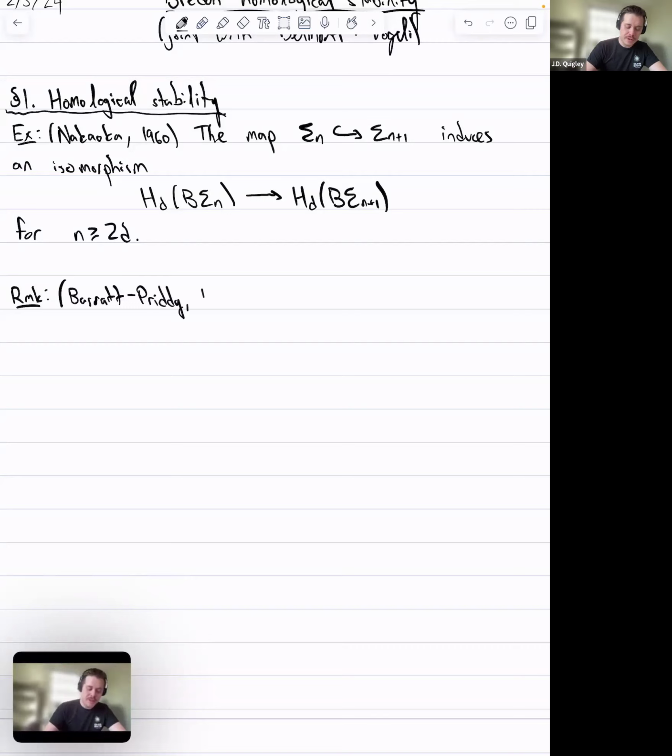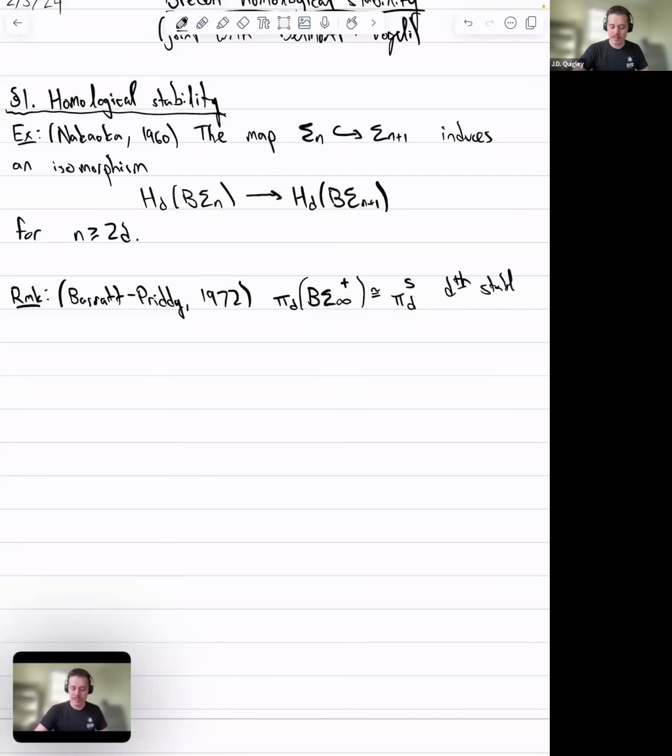So back in 1972, Barratt and Priddy showed that if you take the colimit of these classifying spaces, perform a plus construction, what that means does not matter at all for this talk, and take the d-th homotopy group of the resulting space, then this is also the d-th stable homotopy group of spheres. So the d-th stable stem. Okay, so Nakaoka's result tells us something interesting about an object related to the stable homotopy groups of spheres.